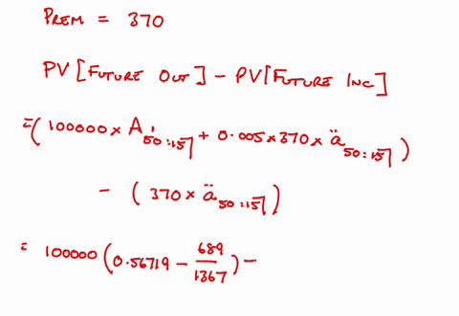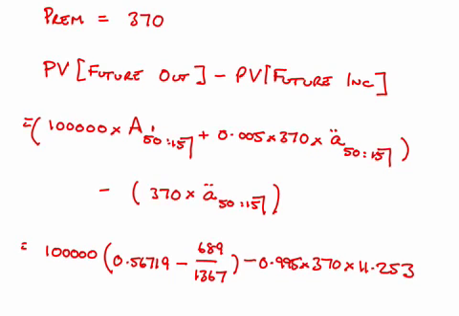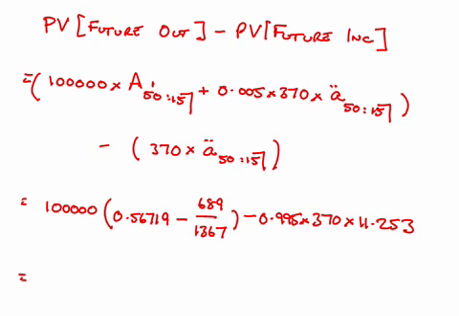So actually we're just deducting 0.995 multiplied by the 370 multiplied by our term annuity, and our term annuity is 11.253. So what we find in this case is that our prospective reserve comes out to be 2,173.